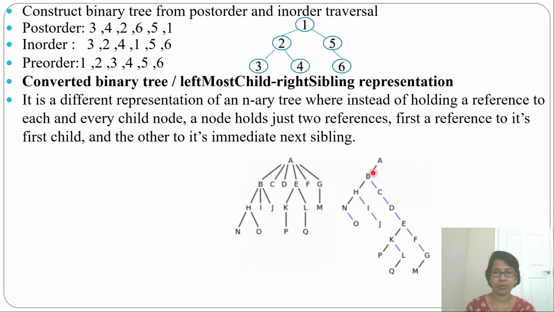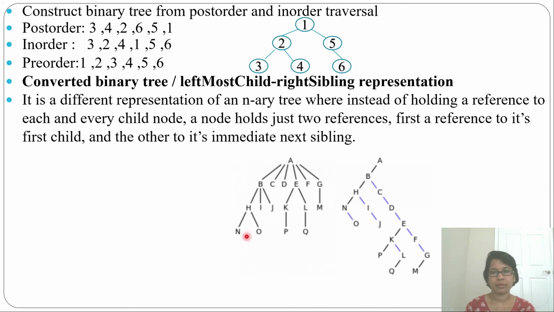A will hold information of B, and B will hold information of C, D, E, F, G. B will also hold the reference of its left child, that is H, and H will hold information of I, J plus N.